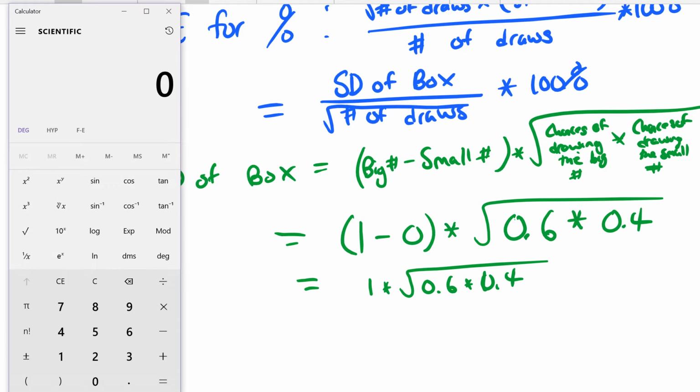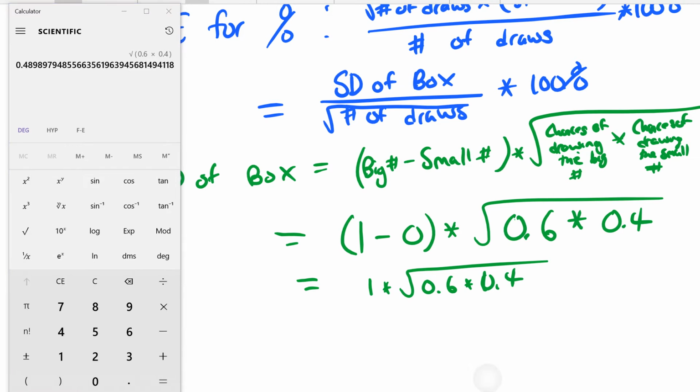Let's plug that into the calculator. Each calculator is a little different, so we have parentheses 0.6 times 0.4, close parentheses is 0.24, then we take the square root.